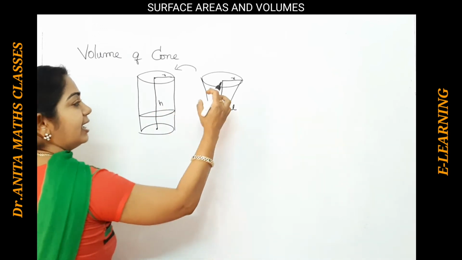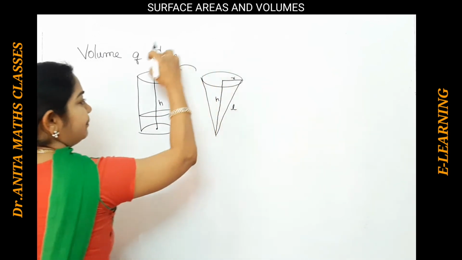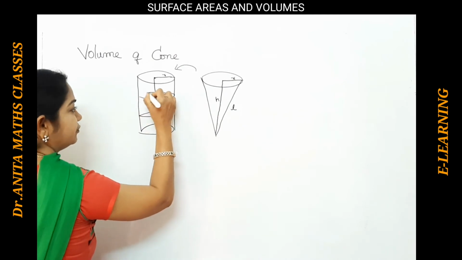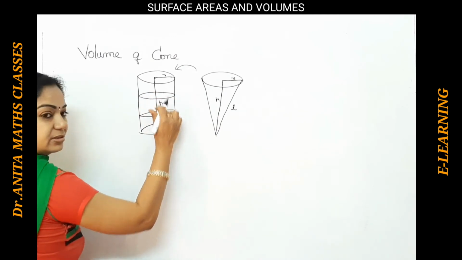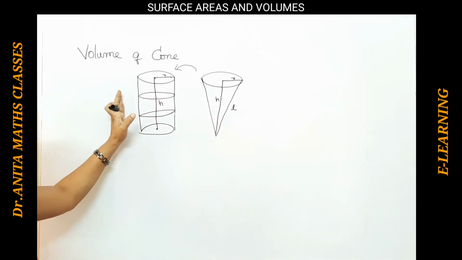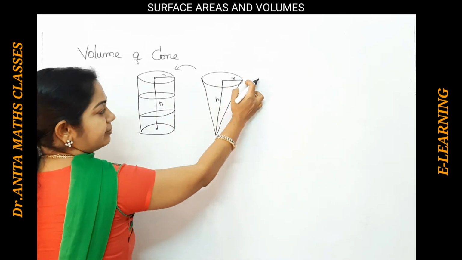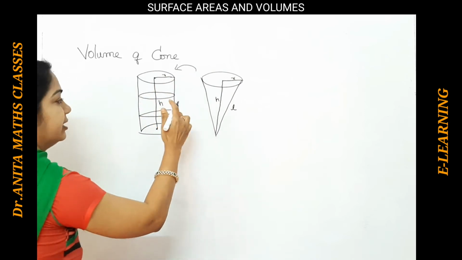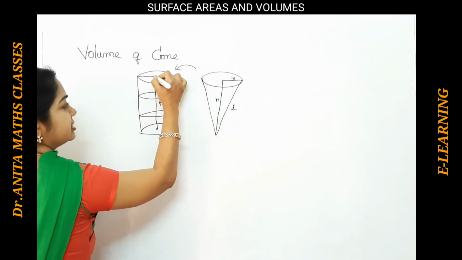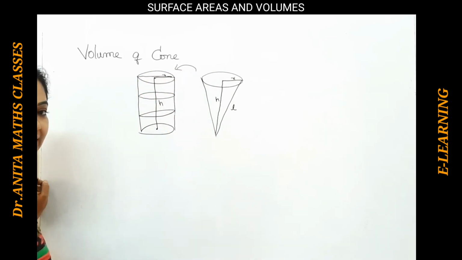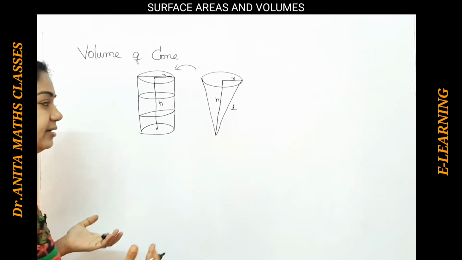Then a second time if I fill the cone and pour it again, it will form another 1/3, so 2/3 of the cylinder. Now the third time if I fill the cone completely up to the brim and pour it into the cylinder, it completely fills this cylinder. That means the volume, how do we calculate the volume?